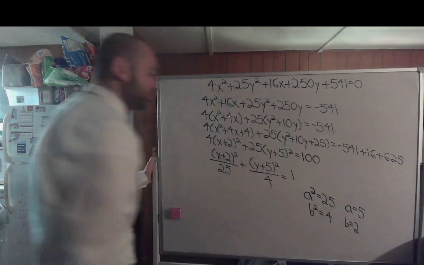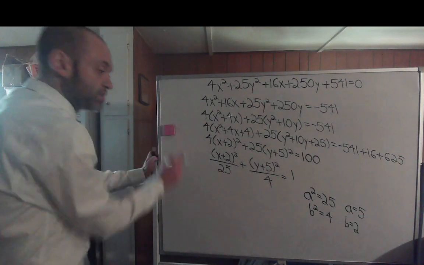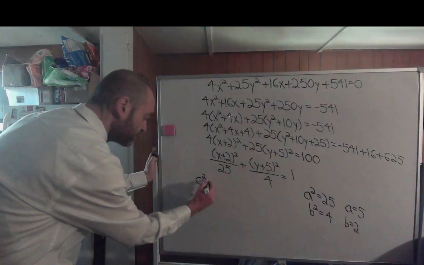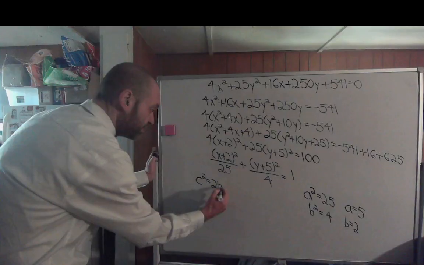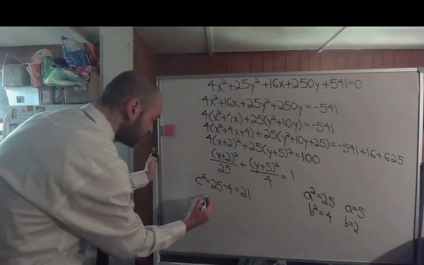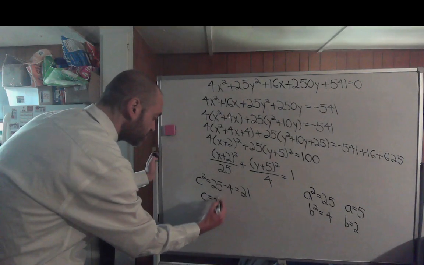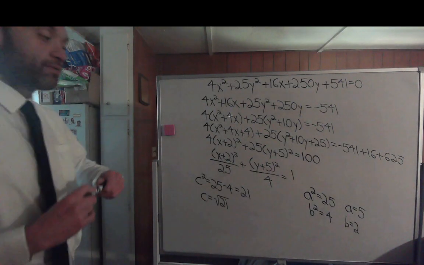We really didn't need to find b, but we did need b squared. Alright, so that means c squared is going to equal a squared minus b squared, so that'd be 25 minus 4, which would be 21. So c would equal the square root of 21, and again, we only consider the positive root when going for eccentricity.